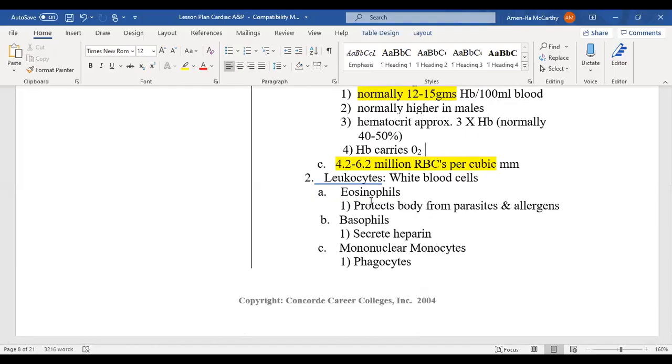So if we have an allergen or parasite in the body, we expect to see the eosinophils dealing with that. The basophils secrete what? Heparin. Heparin is something that thins the blood. If somebody's on heparin, it's thinning the blood, okay? Monocytes are the phagocytes that eat foreign material in the blood.